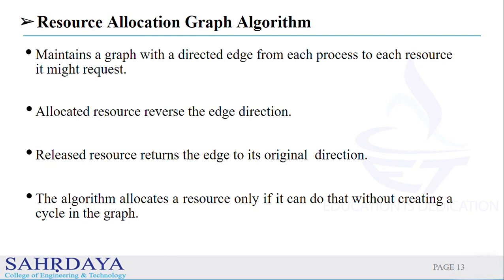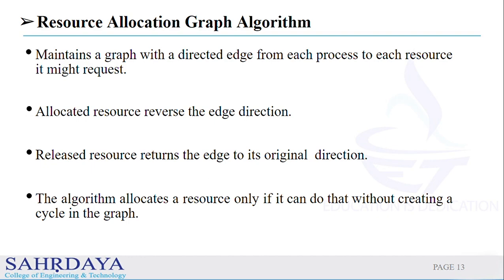So we know the resource allocation graph. A graph has a set of vertices and a set of edges. The set of vertices consists of two types, the set of processes and the set of resources, and the set of edges is also of two types, request edge and assignment edge.